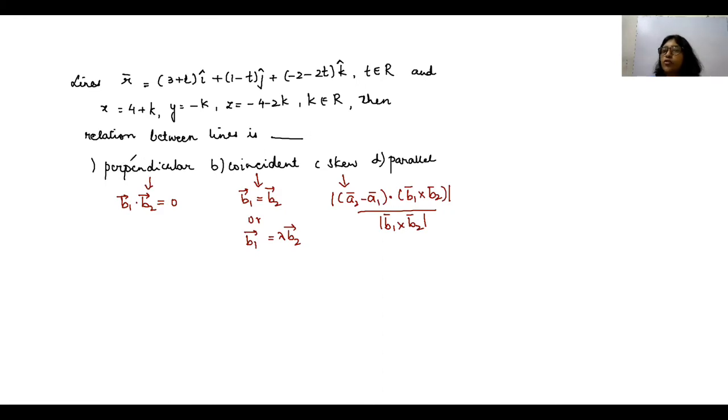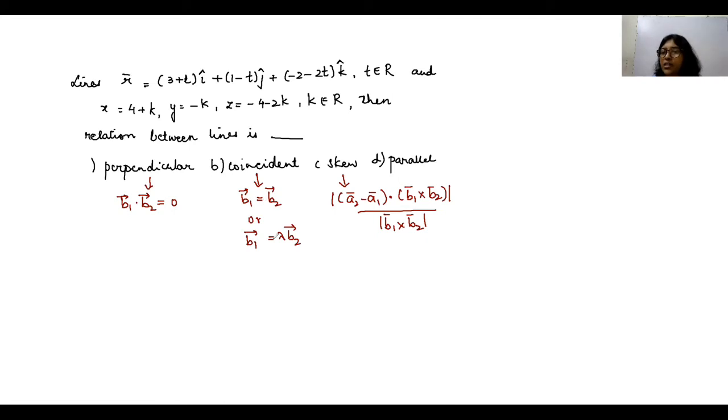Here we are looking for the relation between the lines. So for finding the relation between the lines, we have to find the directions and the relation between the directions. If the dot product is 0, they are perpendicular.